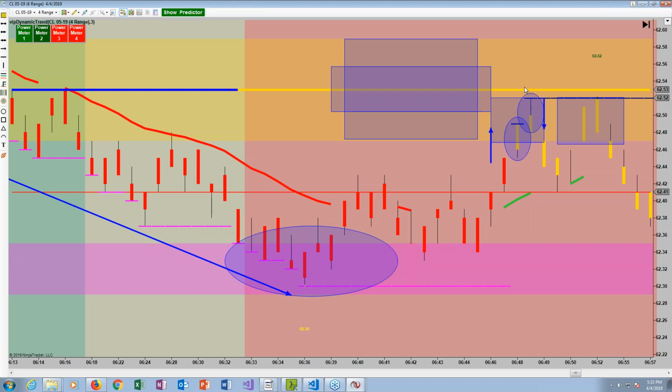Now, could you have entered on that bar? Yes. How about this bar right here? Is this considered a rolling over bar? Did it close up or down? It closed down.